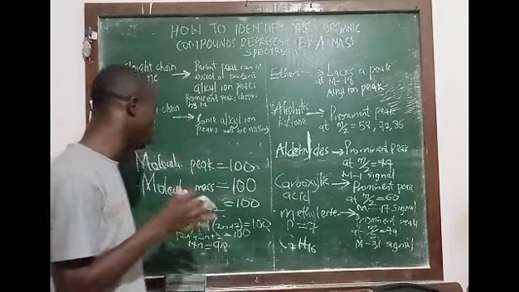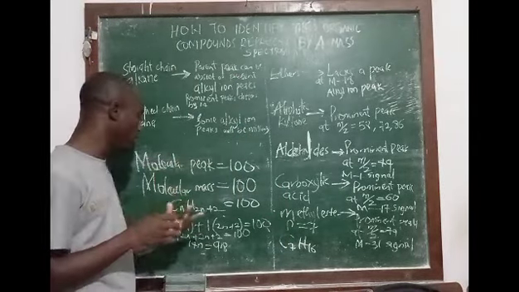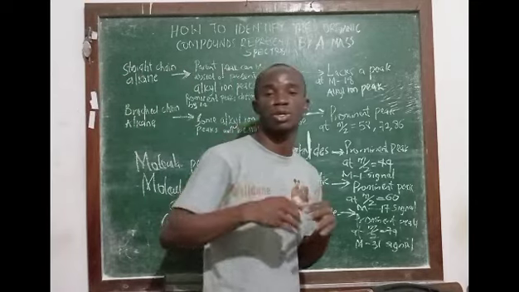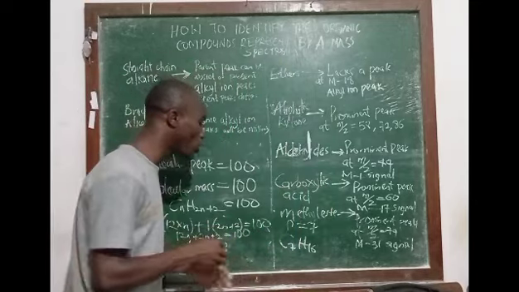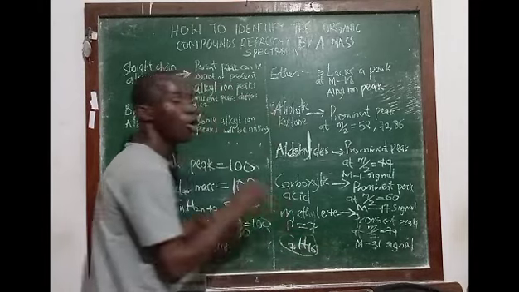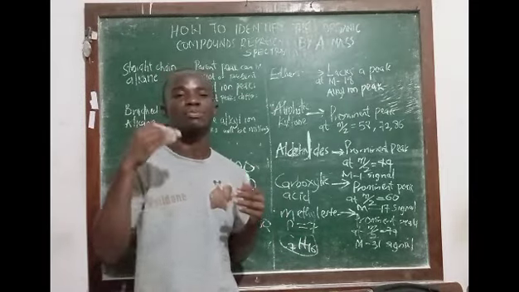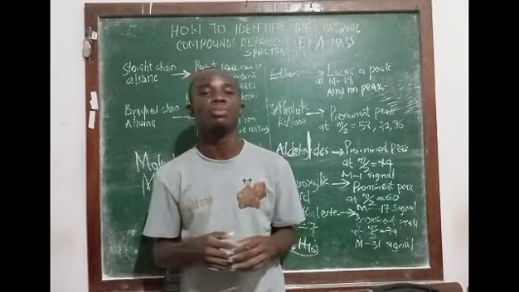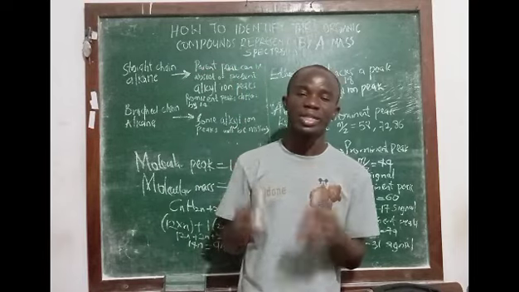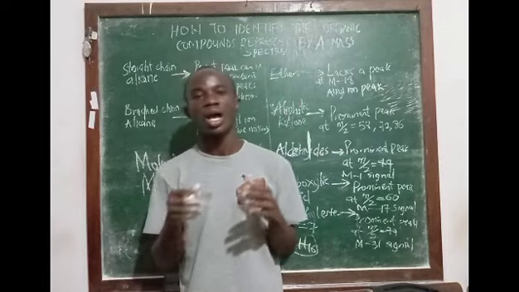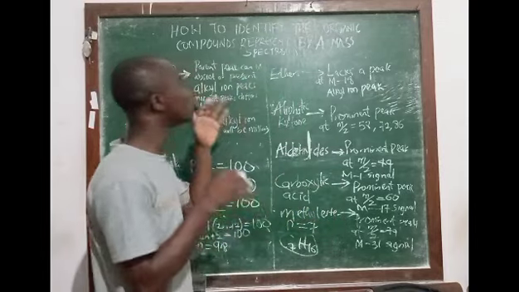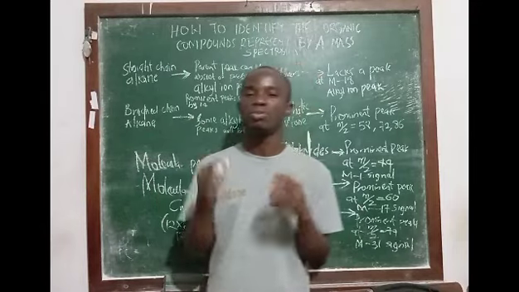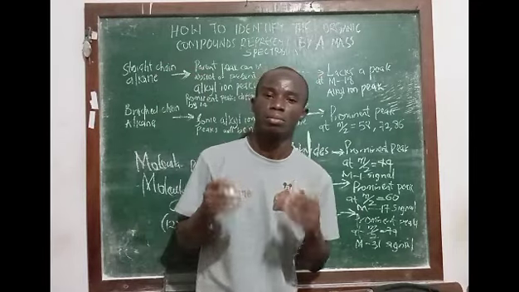So using those two things, the molecular ion peak value and the general formula of the compound you identify the mass spectrum to represent, you can get the molecular formula of the compound represented by the given mass spectrum. At this point, I want to believe that you have gained knowledge and understanding on how to identify the class of organic compound represented by any given mass spectrum.